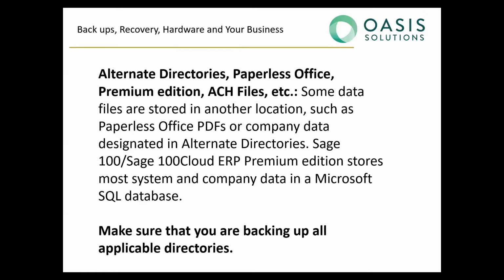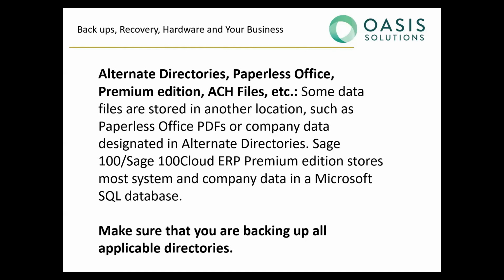One of the things that you can do in Sage 100 Standard or Advanced, it's not applicable for the Premium version, which is the SQL version, is in your Company Maintenance, and I'm just going to grab a company here, under the Preferences tab, you have your data location. It says this is where I'm storing my Sage 100 data, and this is where I'm storing my payroll data.